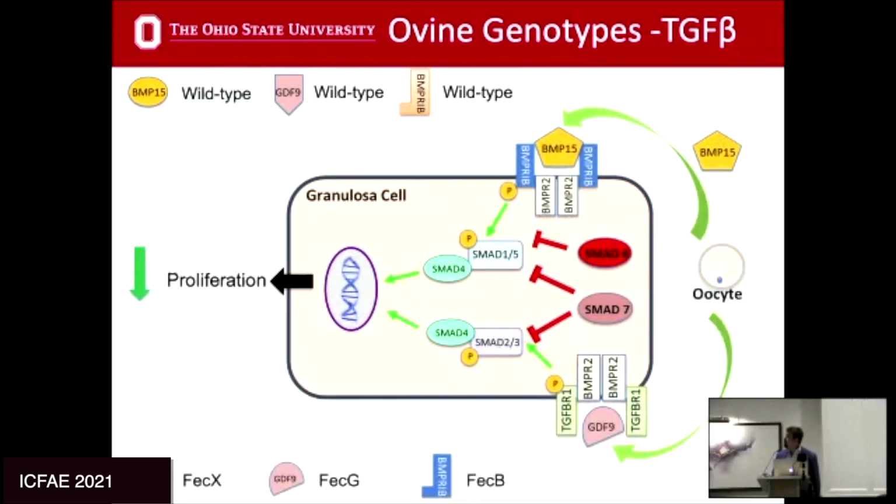So what happens in these high fecundity genotypes is the factors themselves, BMP15 and GDF9, are mutated. Basically, a lot of these are loss of function mutations, or the receptor itself is mutated, which leads to reduced signaling of these SMAD pathways and the consequent reduction in granulosa cell proliferation and an increase in their differentiation.